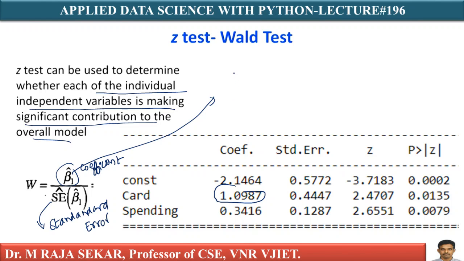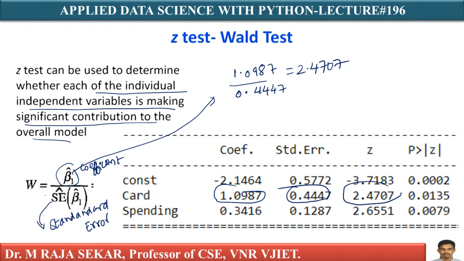That is 1.0987, isn't it? What is the corresponding error? 0.447. Essentially you will get 2.4707. This is your Z statistic.